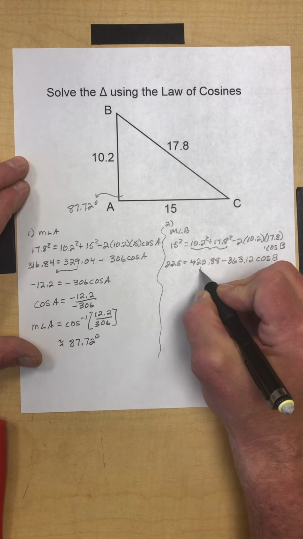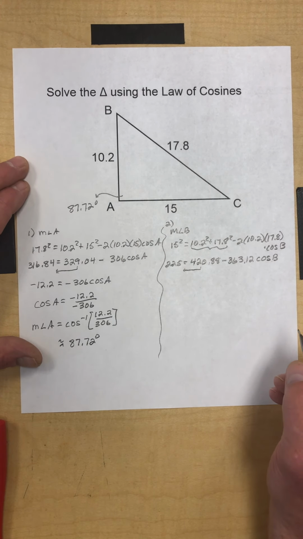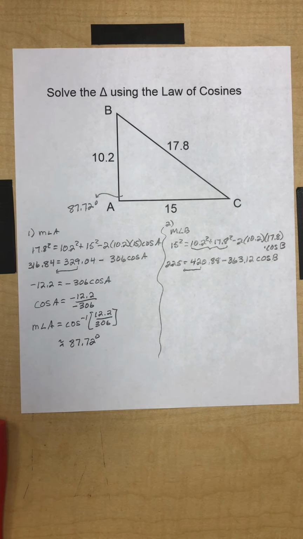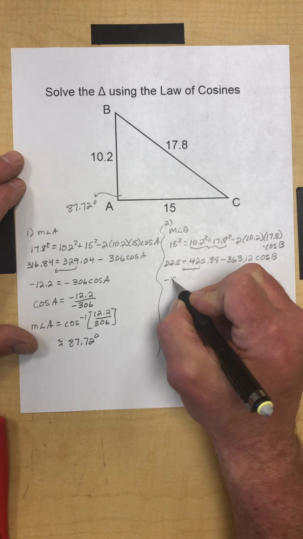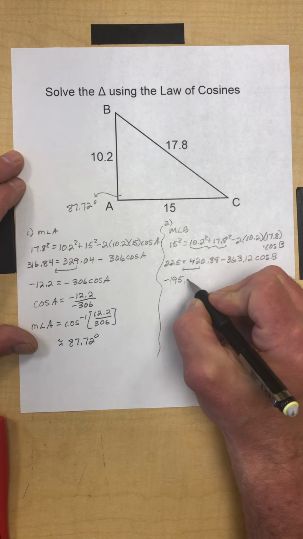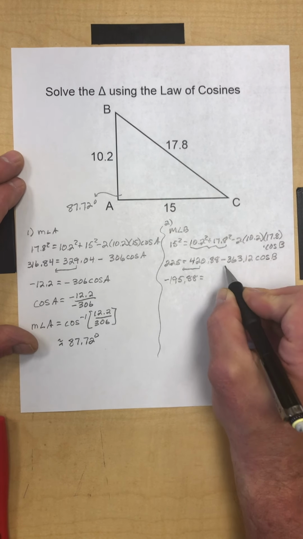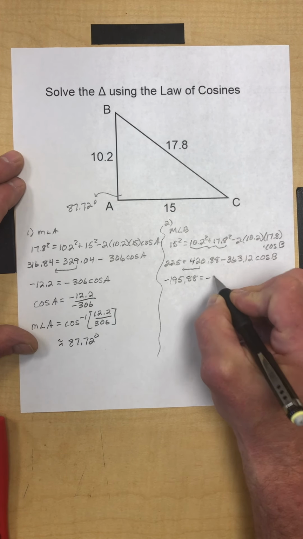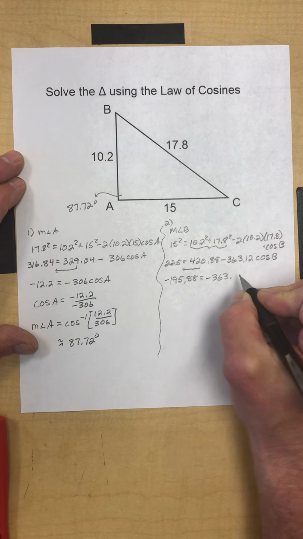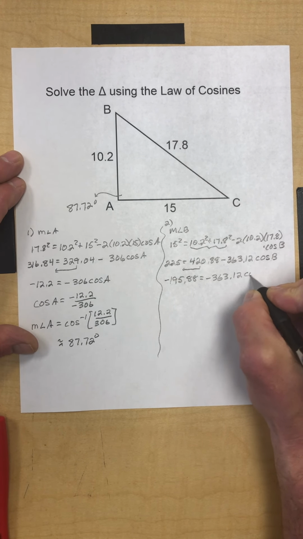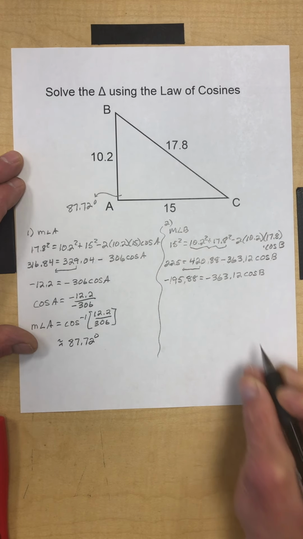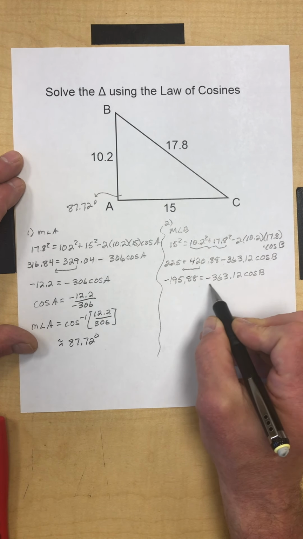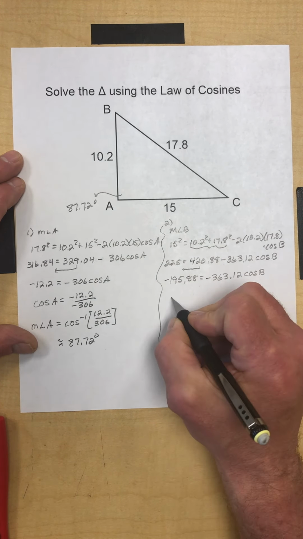Okay, so let's see, we've got to bring this guy over and subtract. I know I'm going to get something that's negative, so I go 225 minus 420.88, and I get a negative 195.88 equals, don't forget about that negative sign, negative 363.12 times the cosine of angle B. So I'd have to divide both sides by this negative 363.12.